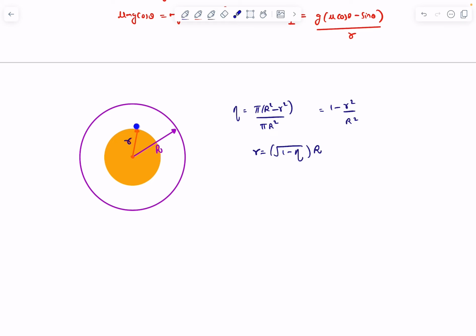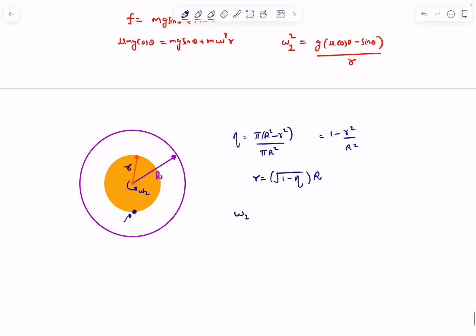Now we need the omega when the sand radius is smaller. Let's say this is the top view and this is the bottom of the slope. The sand particle at this point is at the verge of slipping, right? Let's say the angular velocity of the disk is omega 2. So omega 2 is just the omega limiting when small r equals this particular value.